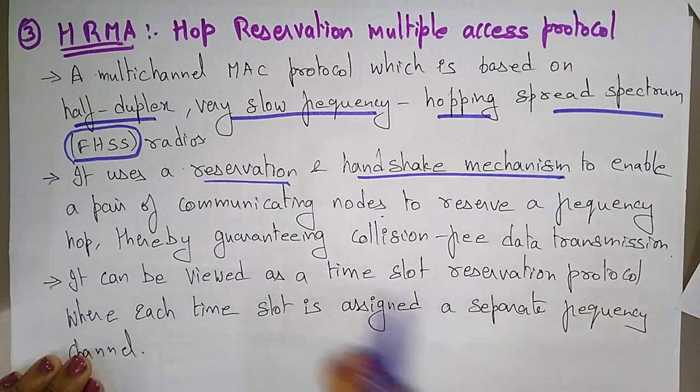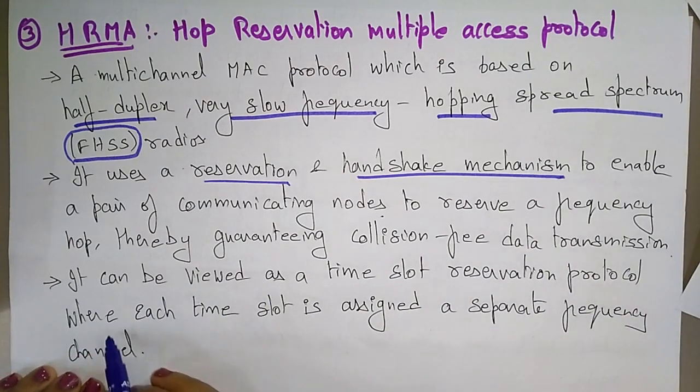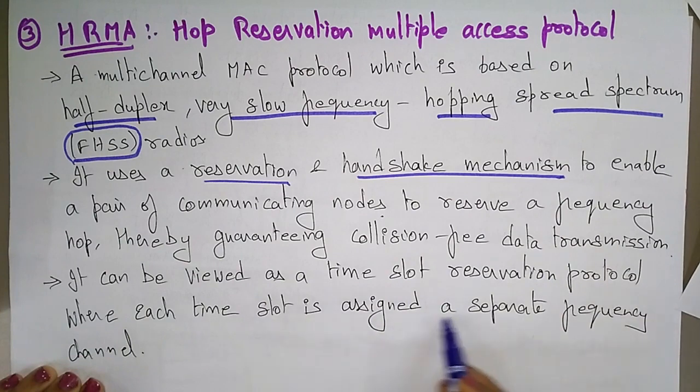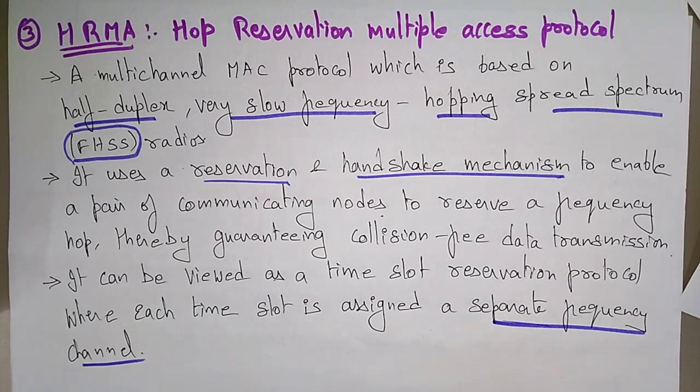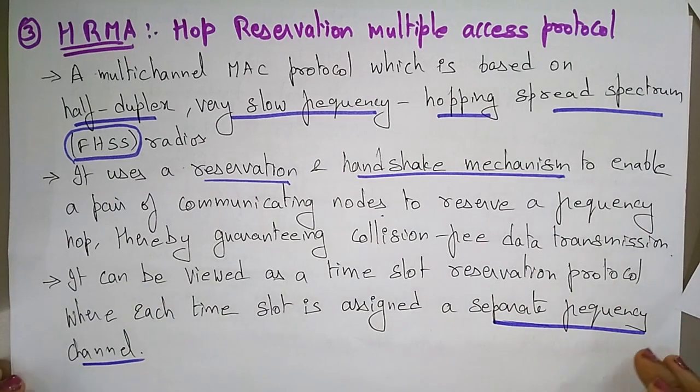It can be viewed as a time slot reservation protocol where each time slot is assigned a separate frequency channel. So just remember that HRMA, the hop reservation multiple access protocol, is a synchronous, contention based reservation protocol. It uses both the reservation and the handshaking mechanism.